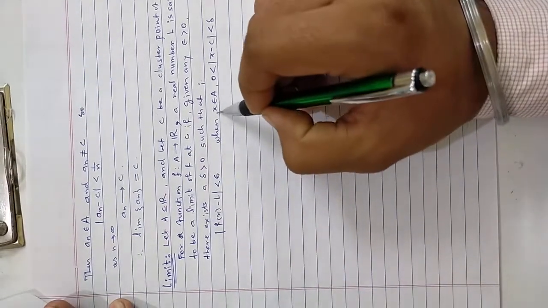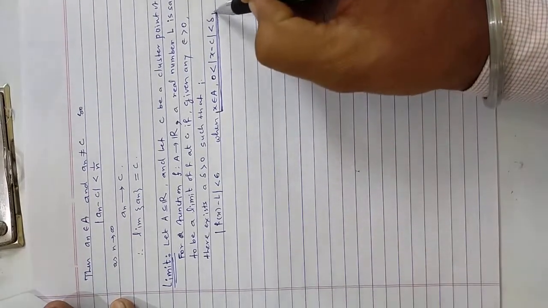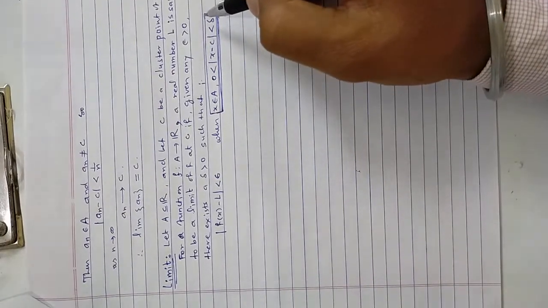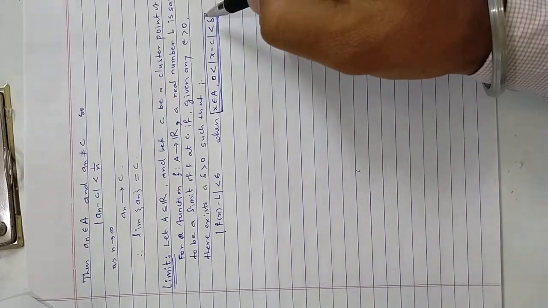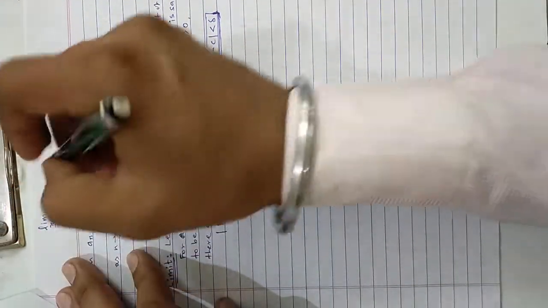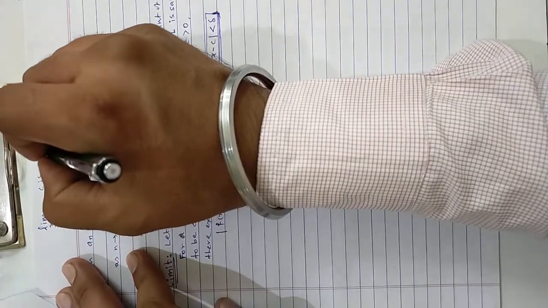So it is this thing. C is a cluster point means C is a limit point, and we use this to say limit x tends to C. Limit x tends to C means C is a limit point or cluster point.